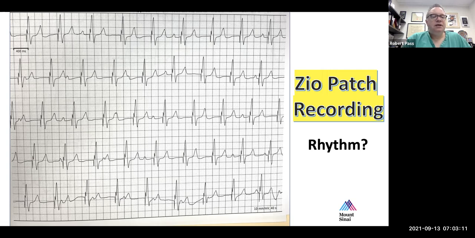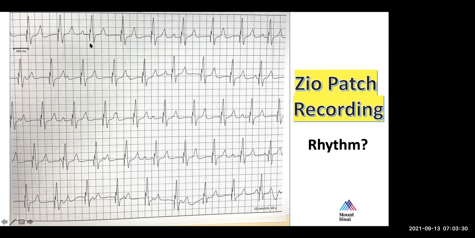Well, what do you think about the relationship between the P waves and the QRSs on this tracing? Like here's a P wave. Here's another one. Wolff-Parkinson White syndrome.